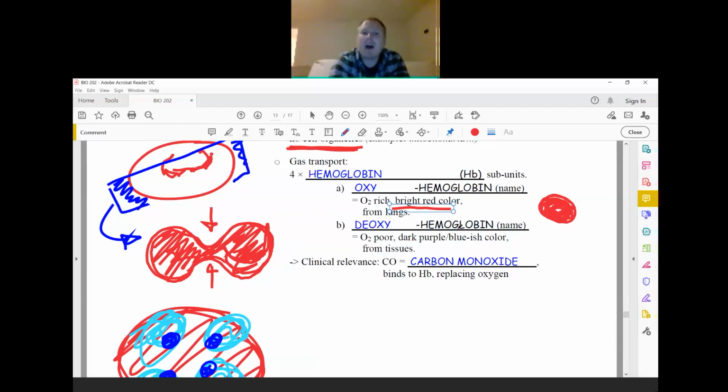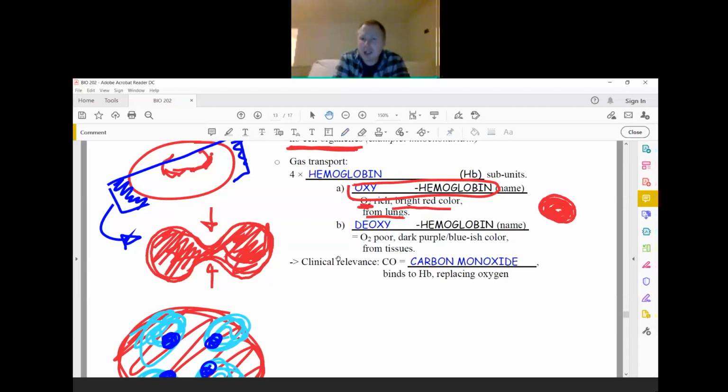That tells us that there's a lot of oxygen in this blood. That's because these hemoglobin subunits are now described as being oxyhemoglobin. So they contain oxygen. Often this blood would be coming from the lungs. So it's being packed full of oxygen within the lungs, and now it's traveling to other parts of the body.